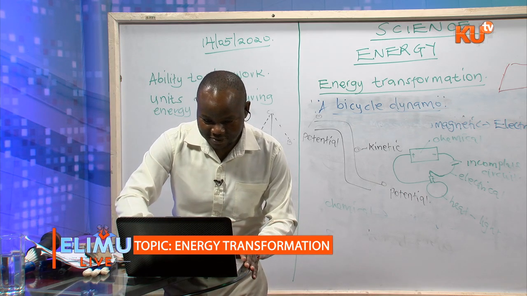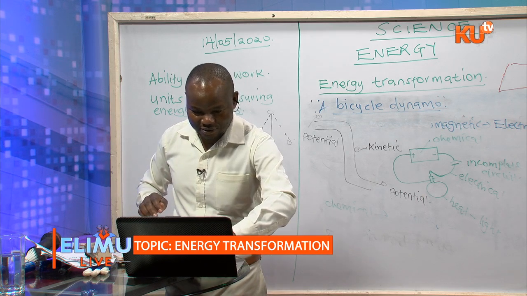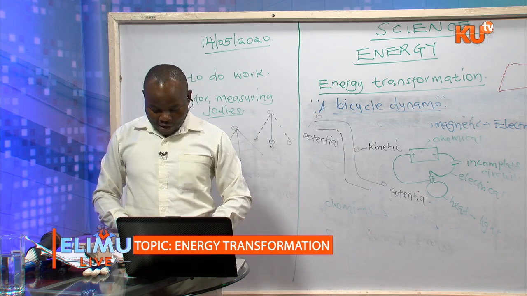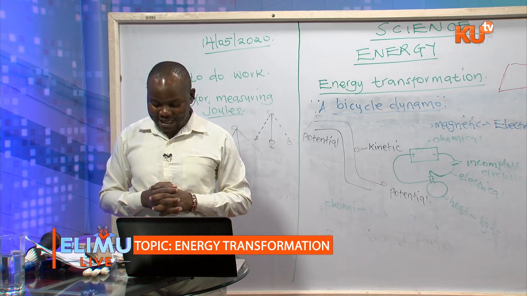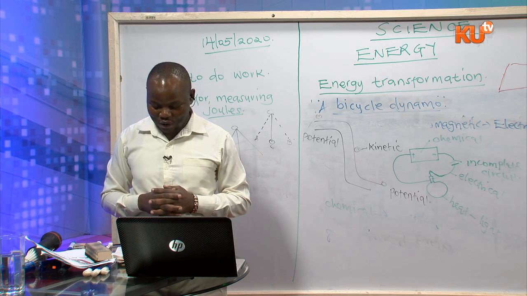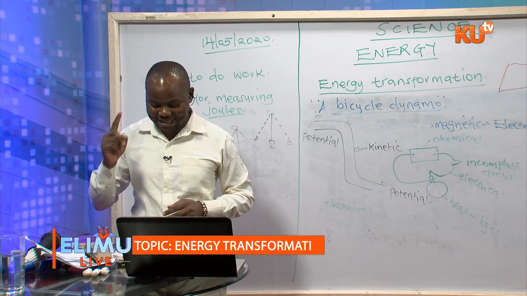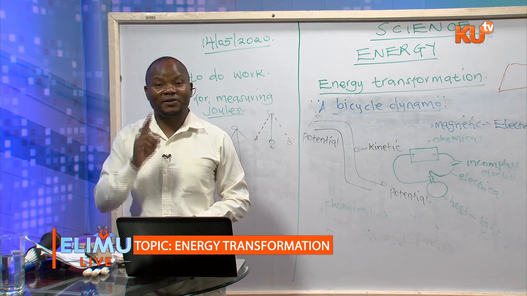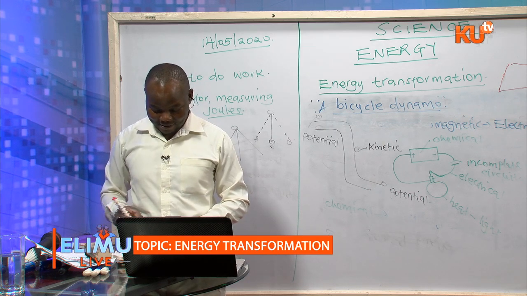Let me take you through. In 2005, the question reads, which one is the energy transformation that takes place when a radio that uses dry cell is in operation? Question 5, 2005.